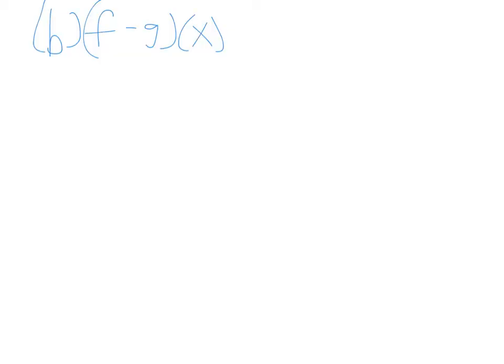For part B, f minus g of x, that's equal to 8x minus 9 minus the square root of 2x minus 1. So the domain's still the same because we cannot have a negative number underneath the square root.